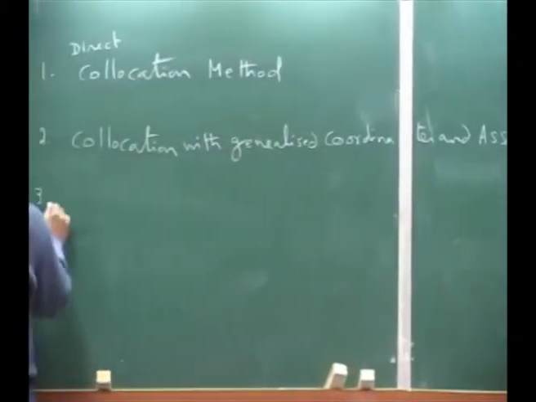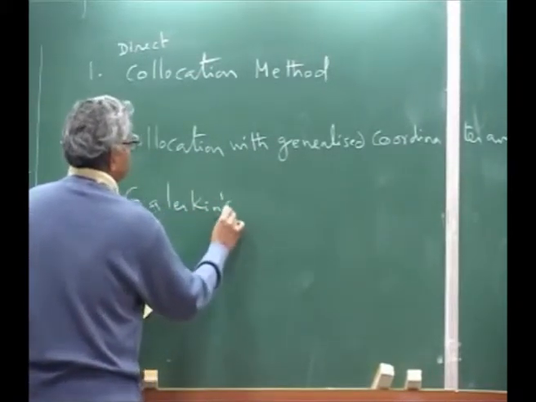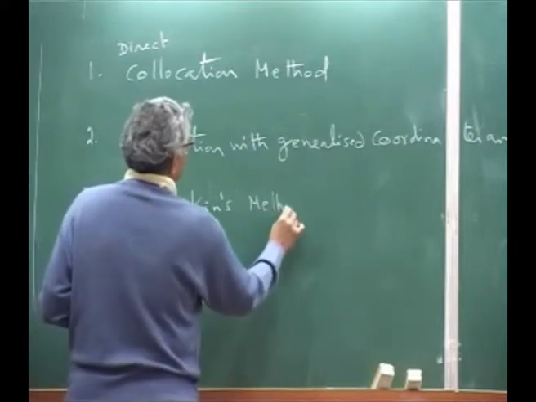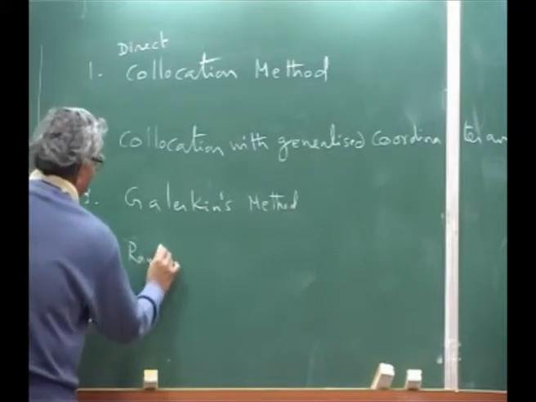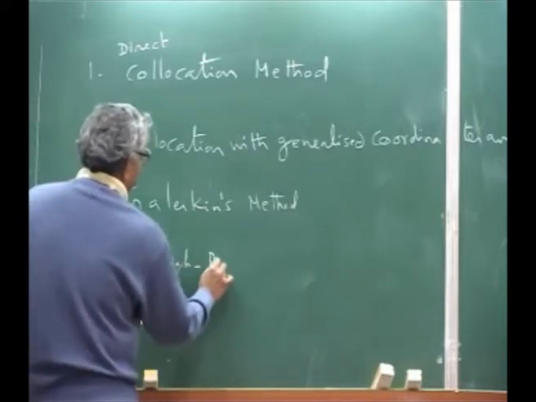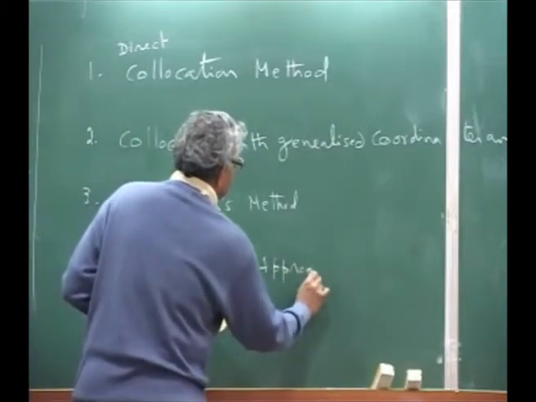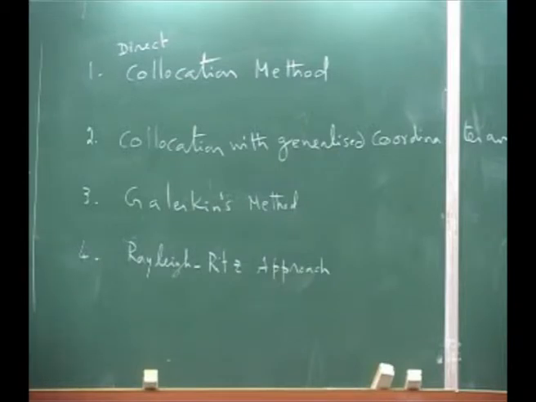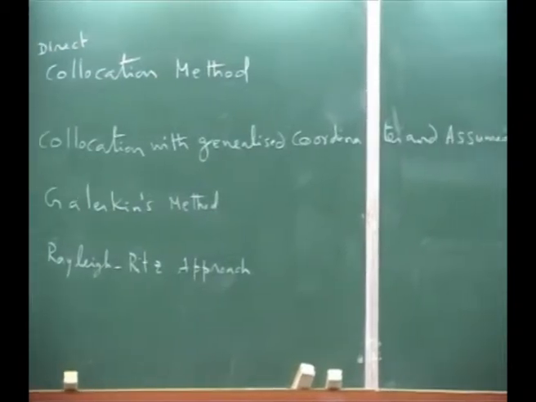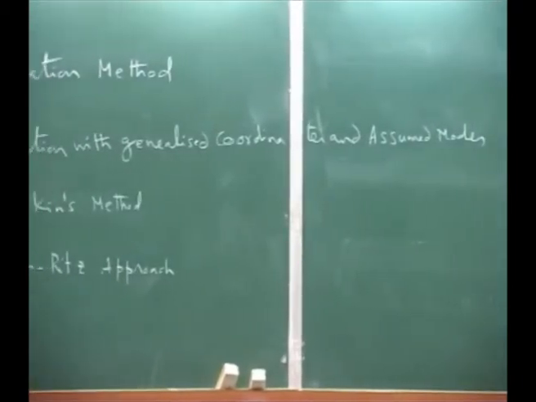And number 3 is Galerkin's method. And the last one is the Rayleigh-Ritz approach. All right. These are the 4 approaches which we use, but I'll just briefly describe these methods.